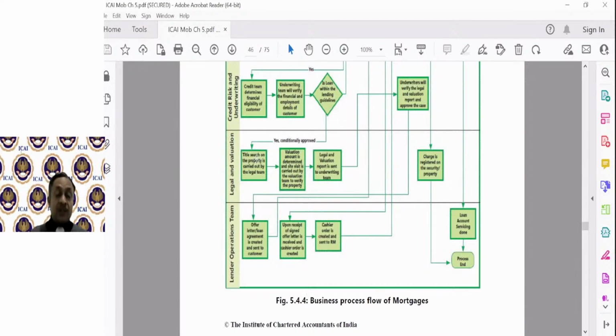Generally the property price trend is increasing. The property that might have been 10 lakh rupees 10 years back may be worth 50 lakh or 1 crore, as the case may be. This increase in the value of property motivates the banker to give a top-up loan, because the security is already there.